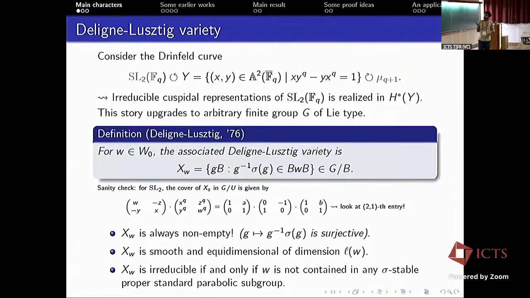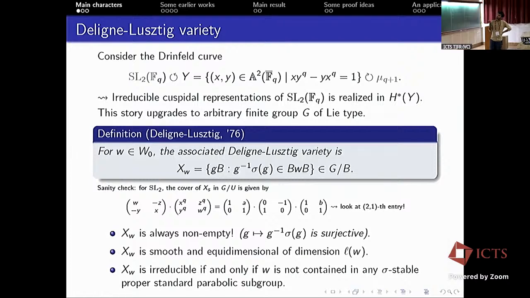So in a landmark paper, Deligne-Lusztig came up with the idea of how this generalizes. The way it goes, I'm going to borrow notations from Evgeny's talk, left and right. For a finite group of Lie type, for any element w in the finite Weyl group, you construct this subvariety of the flag variety, G/B.